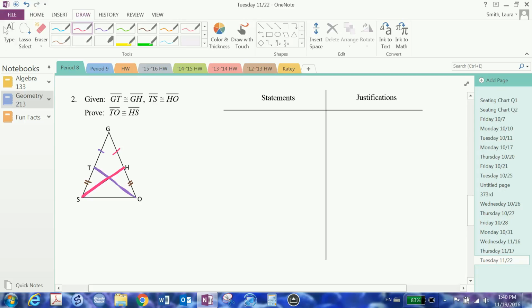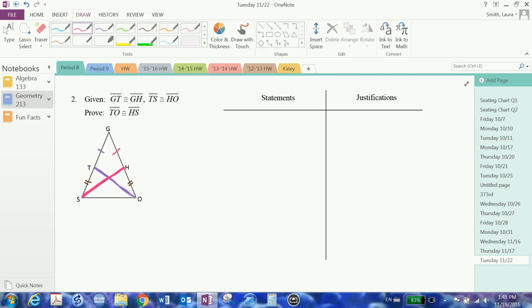Okay, so both of the things that I looked at for what I'm trying to prove, those are both sides of the lower overlapping triangles, like the ones that we did for the problem just before. Those are also sides of the upper overlapping triangles.